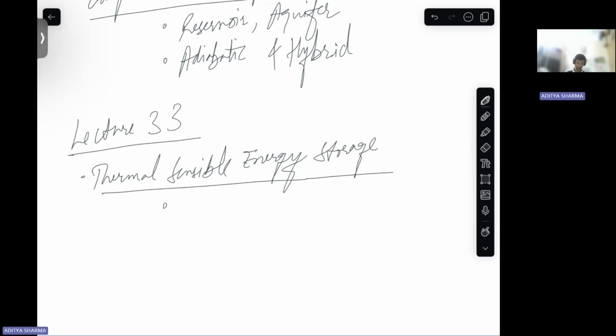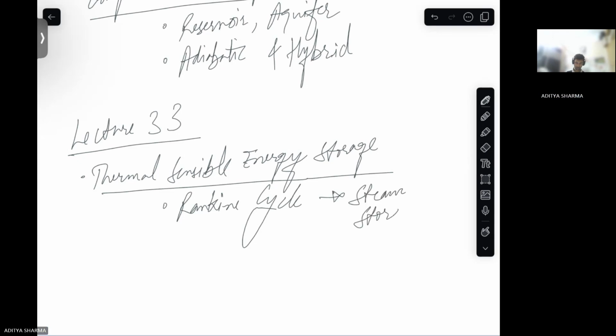For your Rankine cycle, when you save your thermal energy, in that case it is named as steam storage.